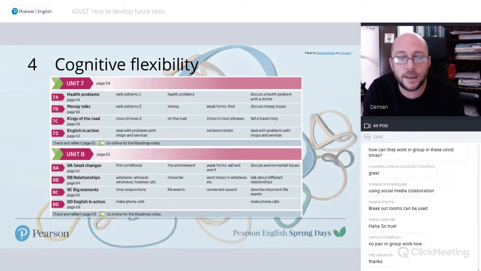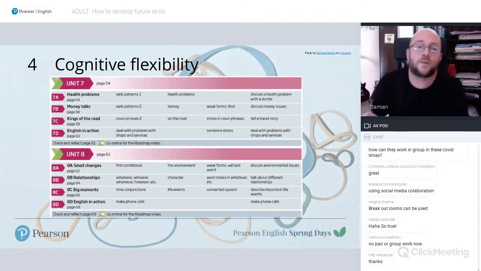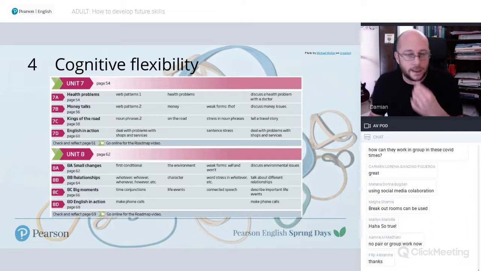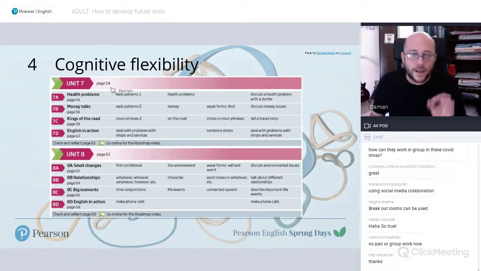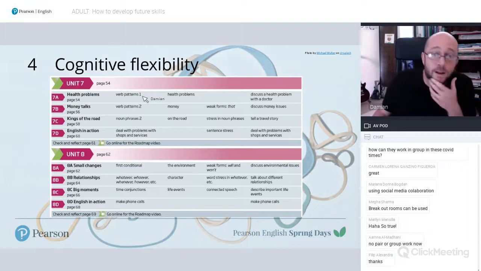Now, you often find in perhaps more traditional course books, you'll have a module or a unit, and within that you'll have lessons, and they're all linked by the same topic. And that's something we've tried to avoid in Roadmap, so that basically you're coming up with a different topic every lesson. There might be some vague links, and certainly in terms of building on language from previous lessons.